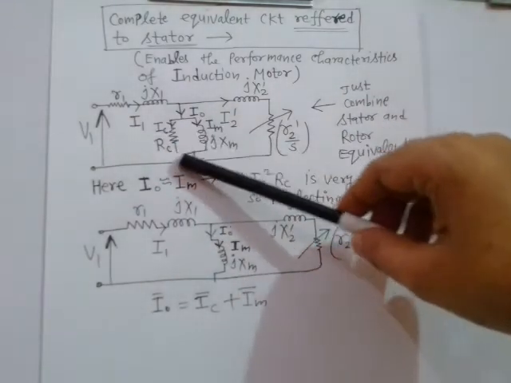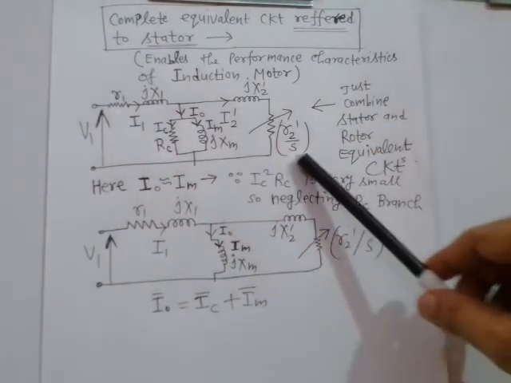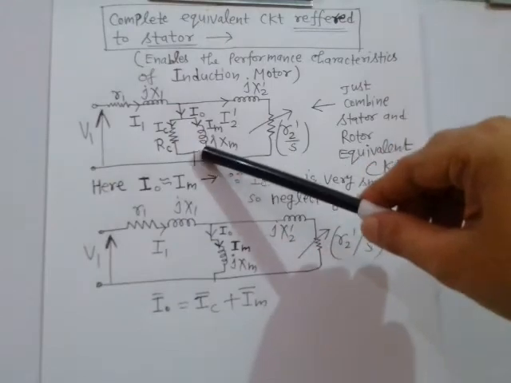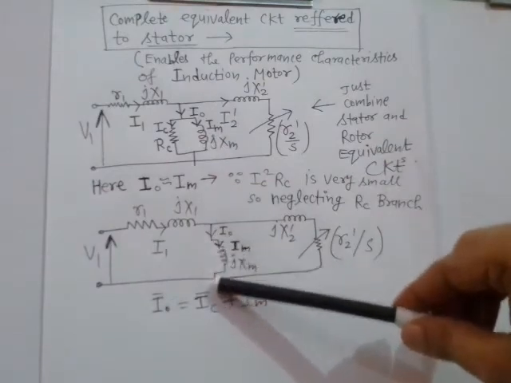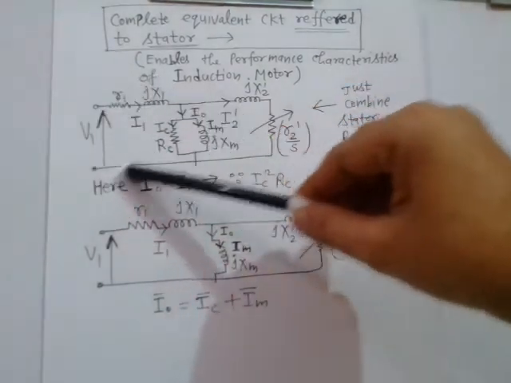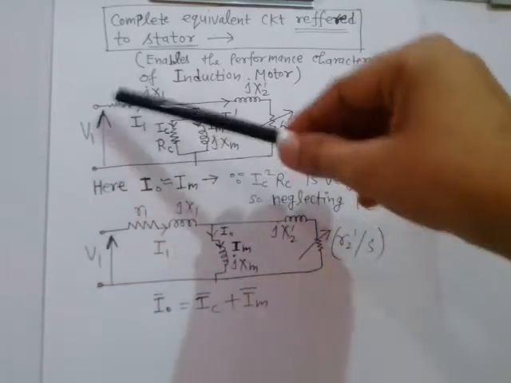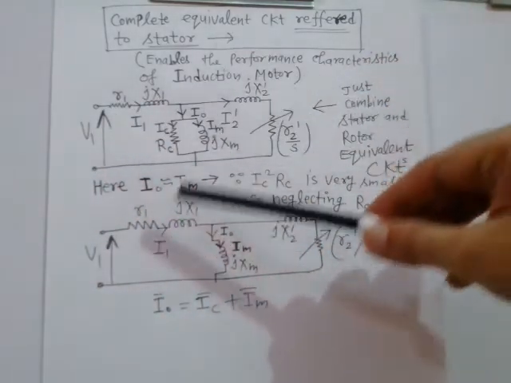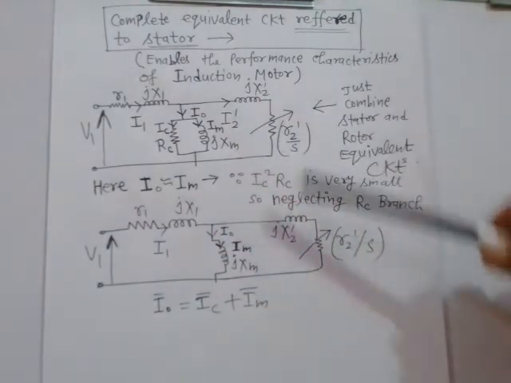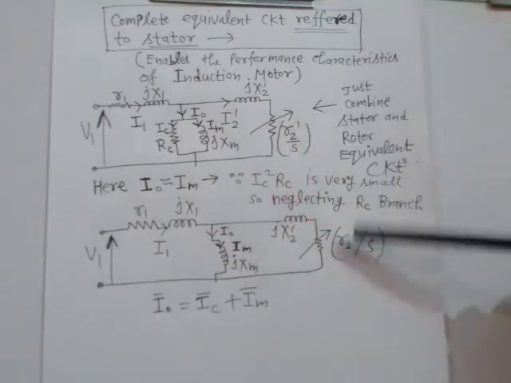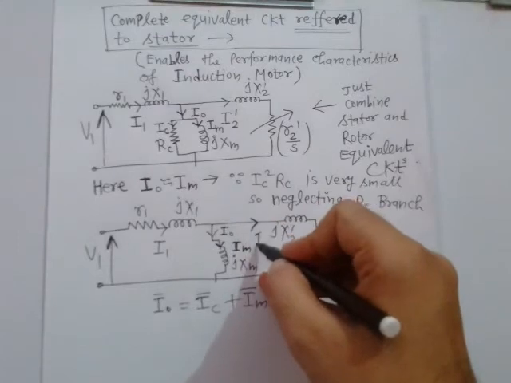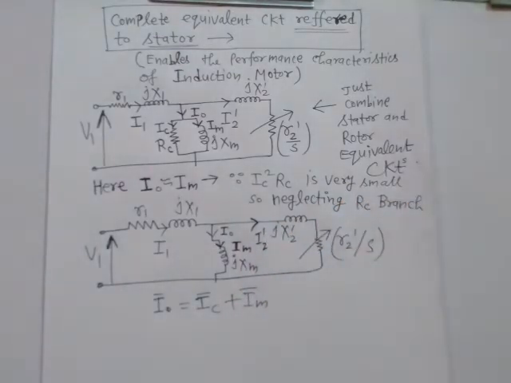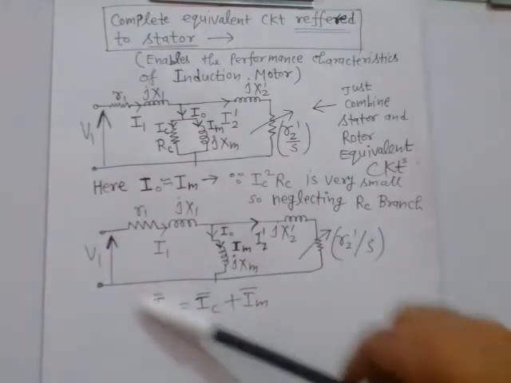So once you ignore this, only one branch remains. Draw the remaining circuit: V1 as it is, R1 as it is, jX1 as it is, I1 as it is, and this is the rotor side quantity, jX2' as it is, R2'/S as it is. Here this is the rotor winding current I2'. So now this is the complete equivalent circuit of three-phase induction motor, right?